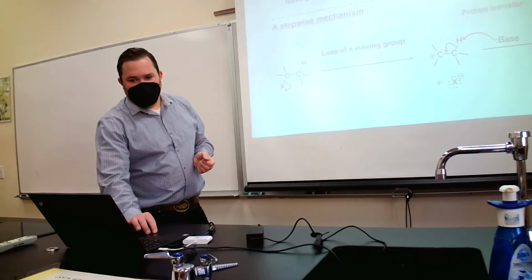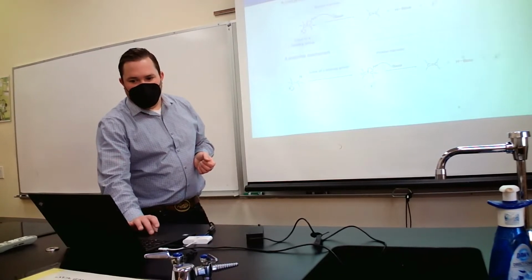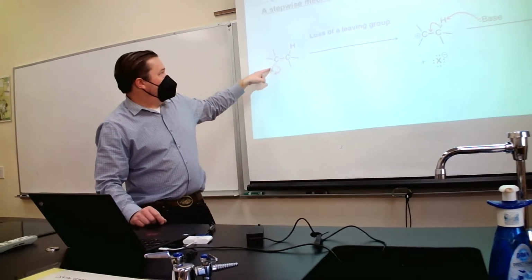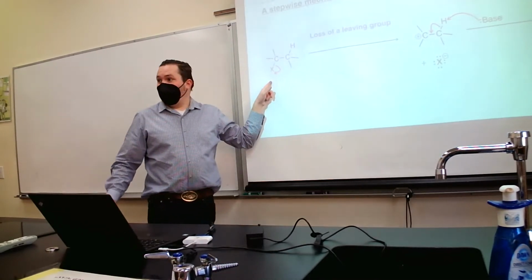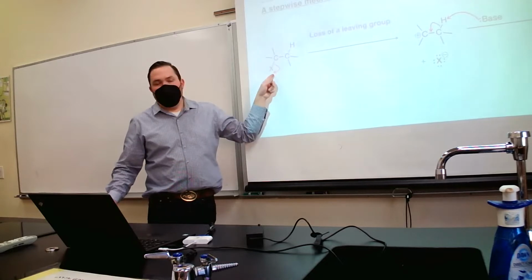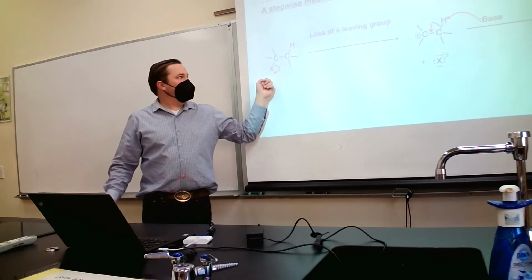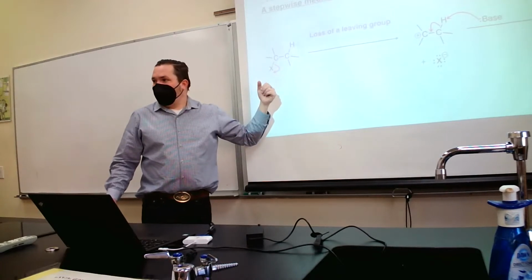And if it's stepwise, leaving group leaves, just like before, that's the only thing that happens. Still a total of 3 mechanism arrows. They're just split up now.